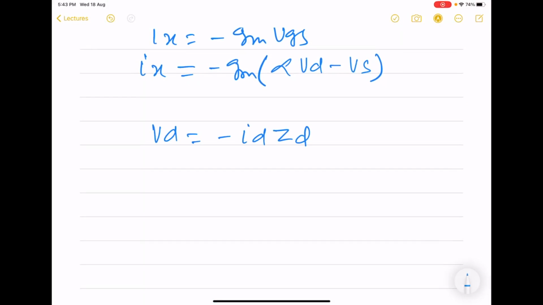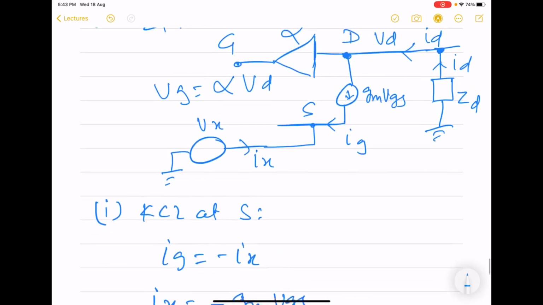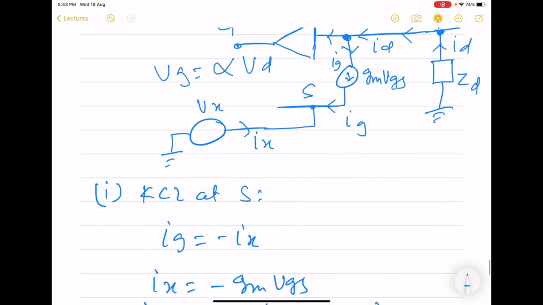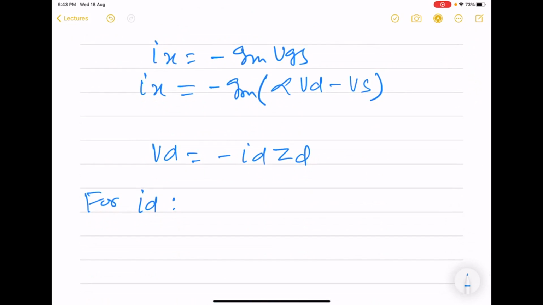Now we have to find out ID. So ID, in general, there will be KCL at this drain end, and here we have ID, here we have IG, but this current is equal to 0. So ID is going to be equal to IG, this the dependent current source. So for ID, what we find is that this is equal to IG.